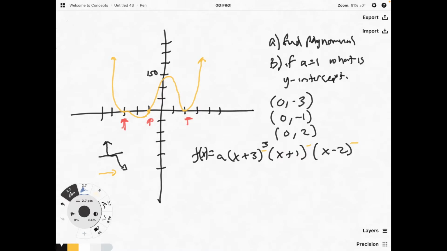We look at the next one and we have a graph that looks like it's just crossing the x-axis. There's no flattening like we saw previously. And we know it's not an even multiplicity because it does cross the x-axis, which leaves this at a value of 1.